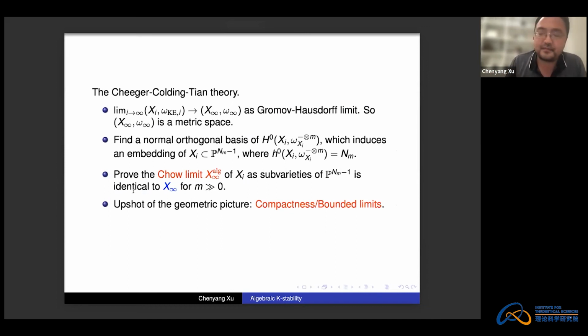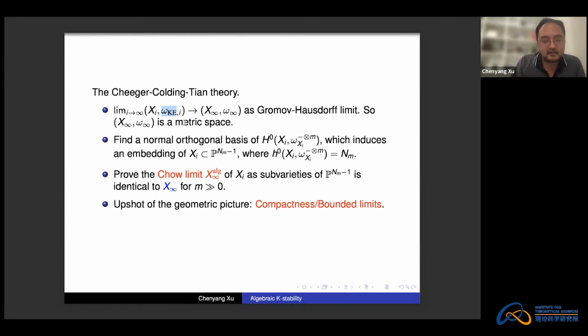Let me quickly explain what goes into the CDS-Tian proof. So that's what people call Cheeger-Colding-Tian theory. This is not exactly the proof, but the most important recipe in the proof is that if you have a sequence of Fano manifolds with Kähler-Einstein metrics, there is a way to construct something called a Gromov-Hausdorff limit, which is a metric space.